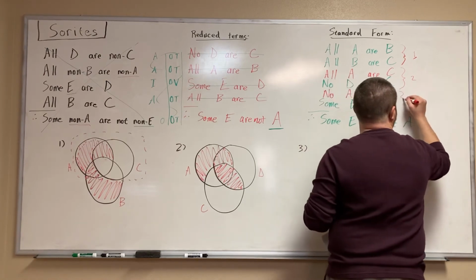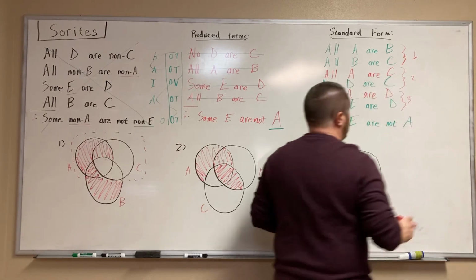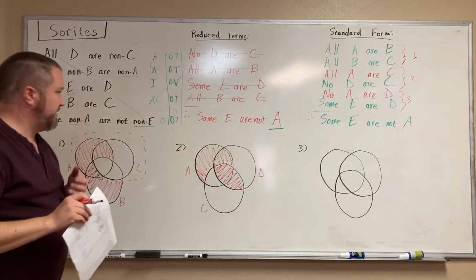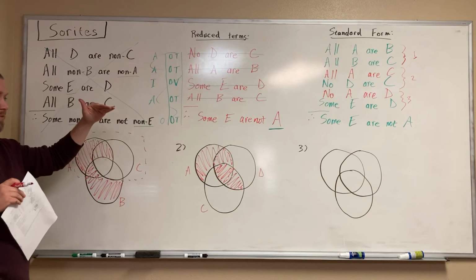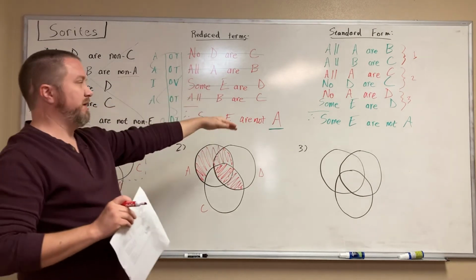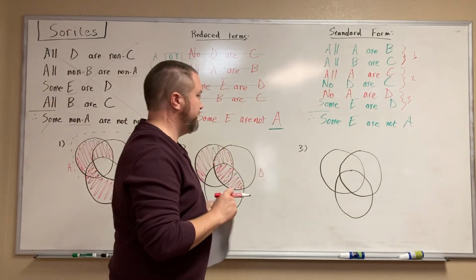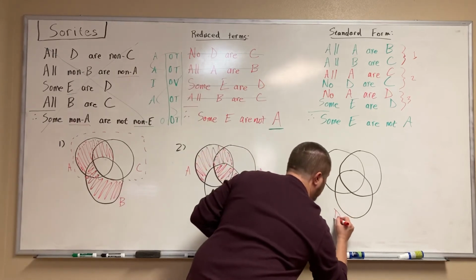We're going to do one last Venn diagram with those two premises, no A are D and some E are D. So the subconclusion from the last one, no A are D, becomes our first premise. And some E are D. D is used twice, so that goes down at the bottom.